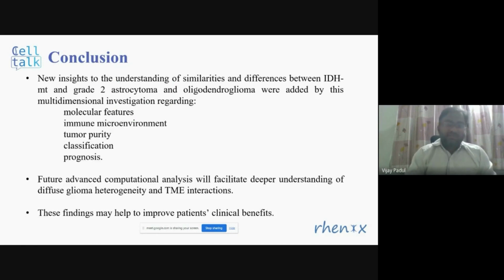And by this multidimensional analysis, we can see that there are differences with respect to the molecular features, even microenvironment, tumor purity, and classification predictors, and also prognosis in these 2 histological subtypes. Next, if we continue with this computational analysis, these results will facilitate a deeper understanding of diffuse glioma heterogeneity and tumor microenvironment interactions, and these findings will help to improve the patient's clinical benefits.